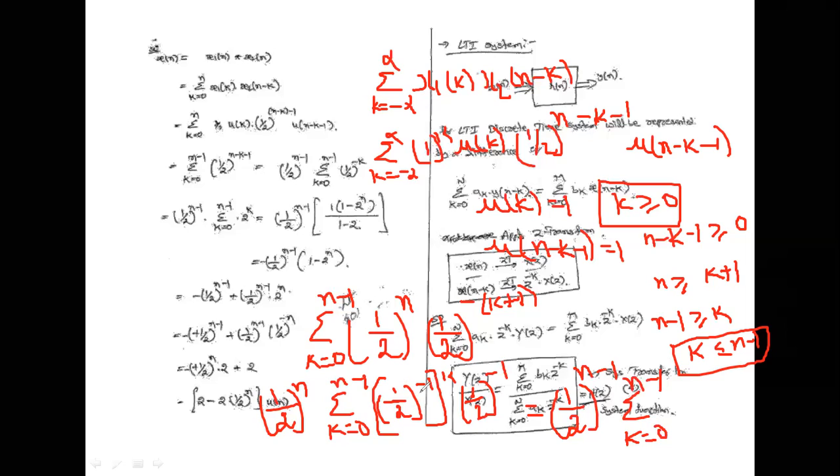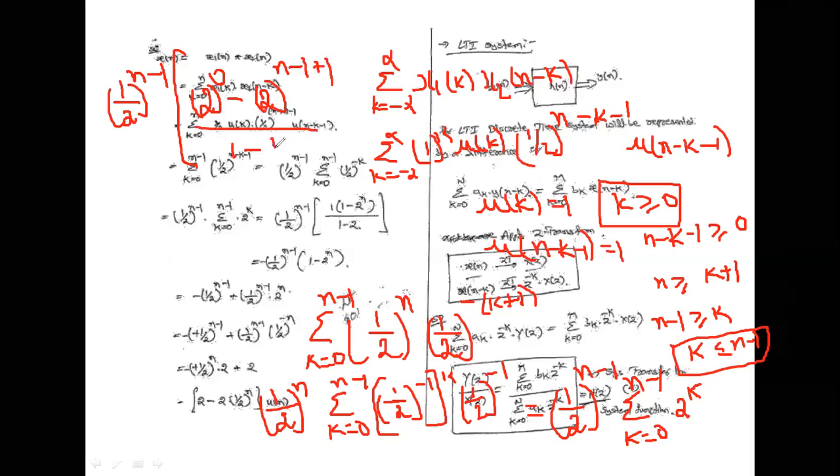Now (1/2)^(-1) is nothing but 2, so 2^k. Now it is in the form of the sum of a^n from n equal to n1 to n2. What is the formula? We got (1/2)^(n-1) multiplied with (a^(n2+1) minus a^(n1)), divided by (a minus 1). So 2^0, because n1 is 0, and 2^(n2+1), where n2 is n minus 1, plus 1, whole divided by 1 minus 2.